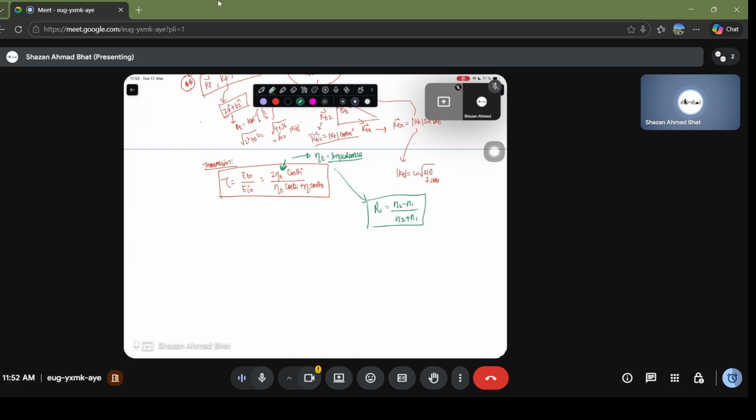The intrinsic impedance can be found according to the rules that we have studied in the previous cases as well. So you have basically the impedance in the transmitted media and the impedance in the incident media.